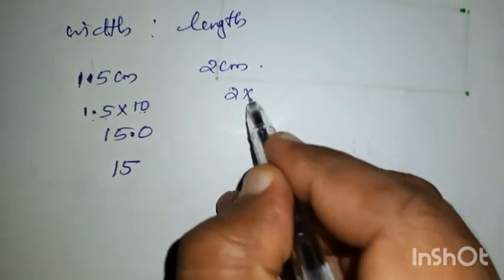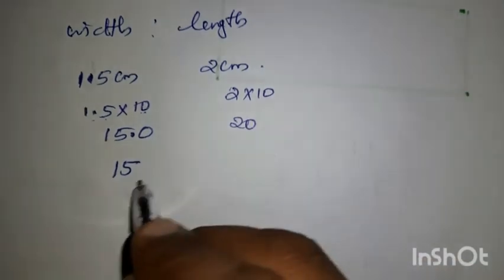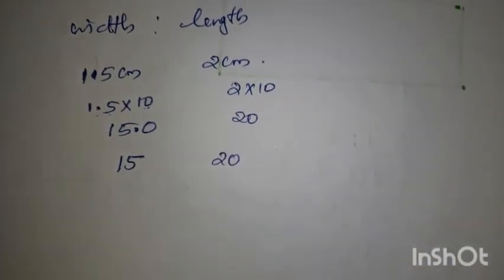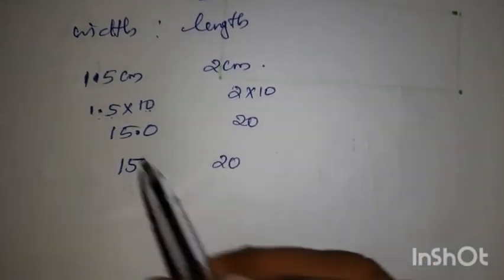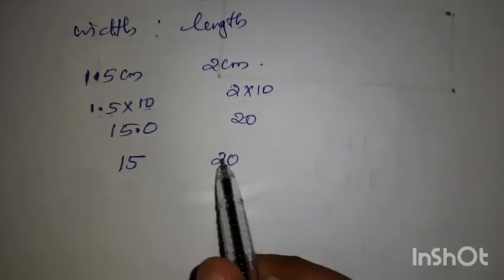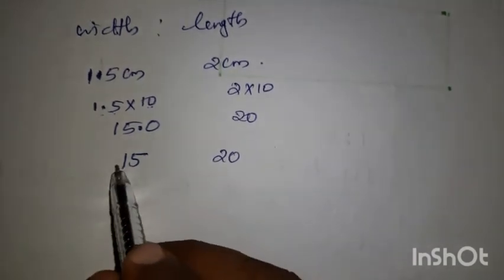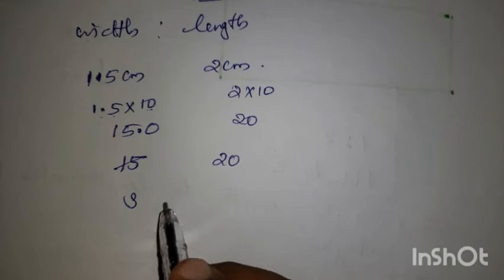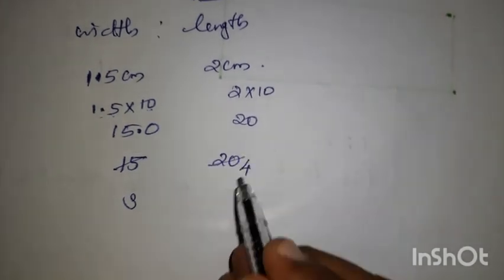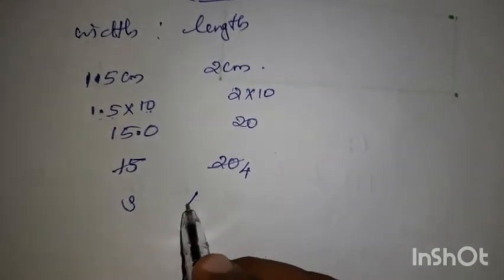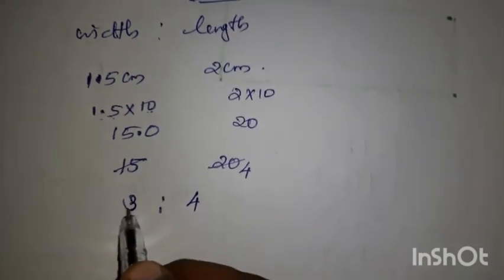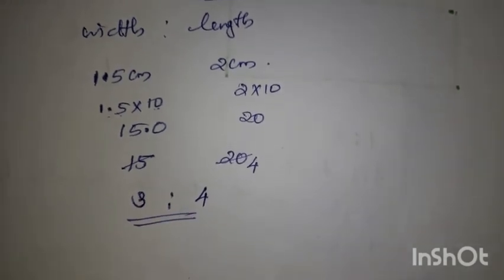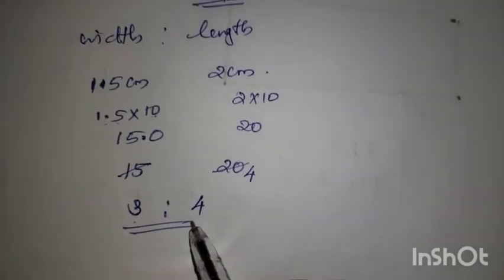So 2 into 10, you get 20. So 15 and 20 are the natural numbers. To find the ratio, you divide by the common number. 5 you can divide. 5 3s are 15, 5 4s are 20. So you got 3:4. That is the width to length ratio.